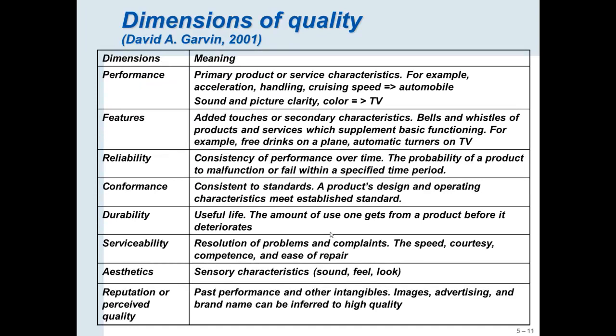Based on Dr. David Garvin in 2001, he defined quality with 8 dimensions. The first dimension is called performance. Performance describes the primary product or service characteristics. It is what a customer primarily expects from buying a product.